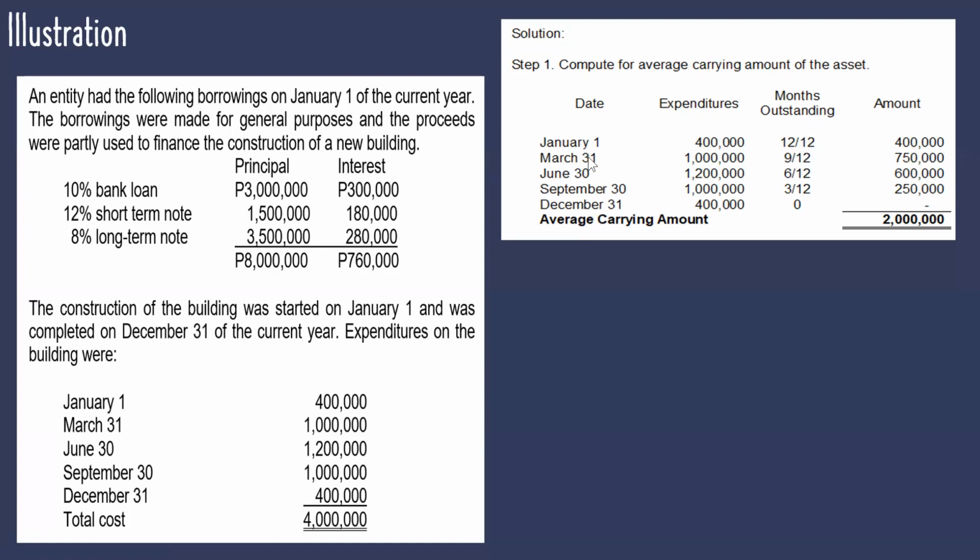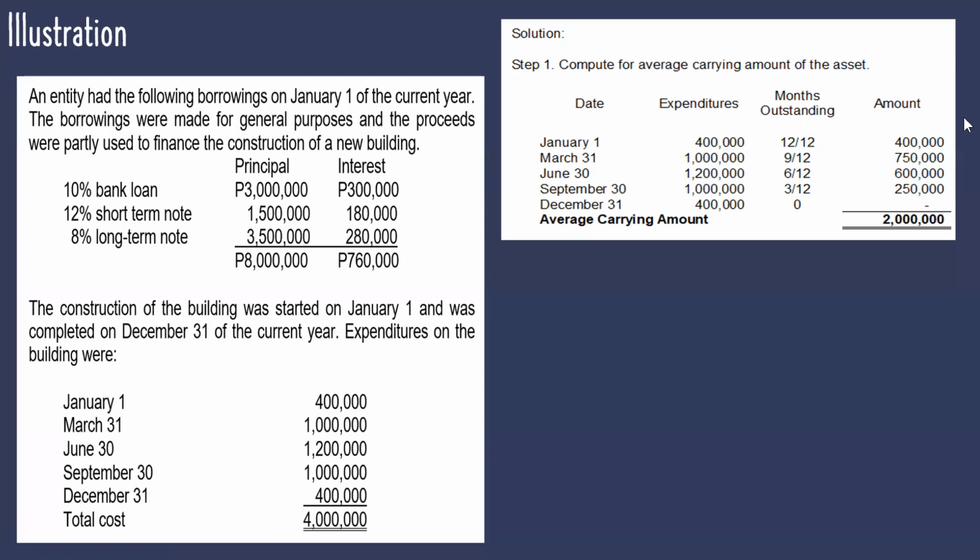For March 31, if you count, you start with April until December, so that is 9 months. Your fraction will be 9 over 12 times 1 million, the amount you spent as of March 31. That's 750,000. The same thing with June 30: the 1.2 million is multiplied by 6 over 12, because you start counting on July 1 until December 31.